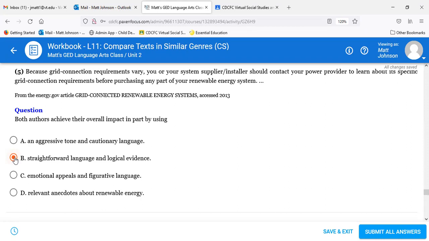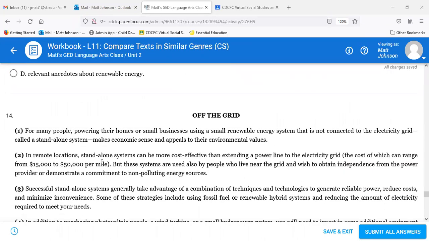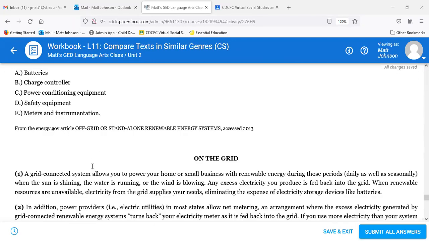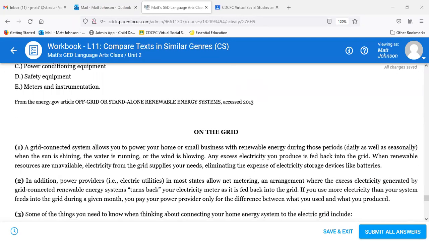Or emotional and figurative, same kind of thing, right? And anecdotal, they don't talk about, well, I know this dude over here that did it. So yeah, it's just a simple, straightforward kind of idea there. So B for 13.